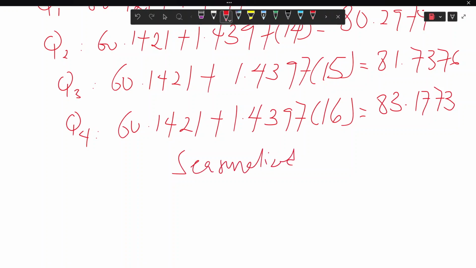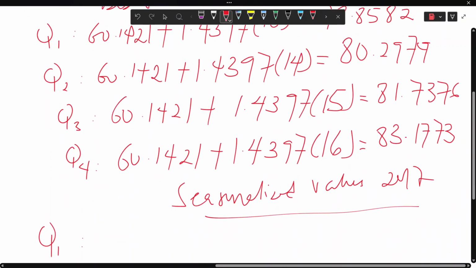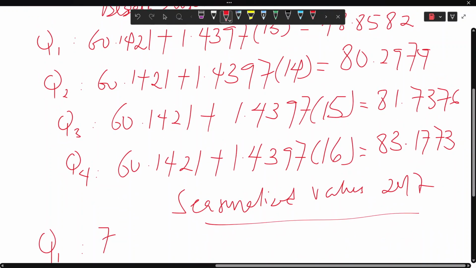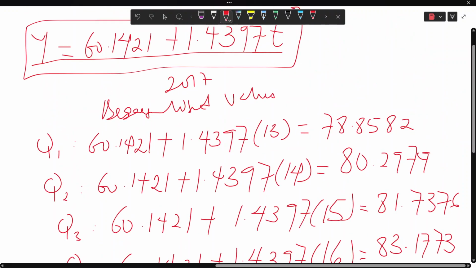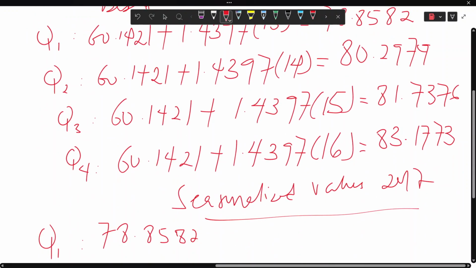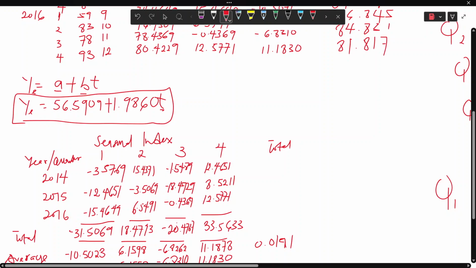For quarter one, it is given by the deseasonalized value, 78.8582. We add the ASI for quarter one.